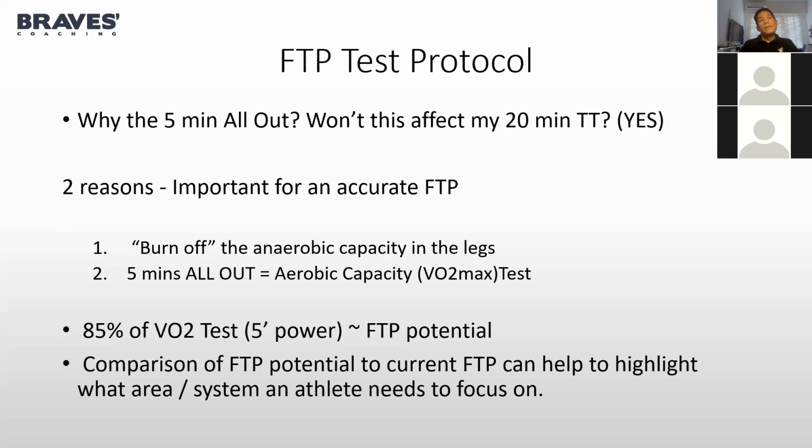I'll say it again: if your 85% of your 5-minute power is approximately equal to your FTP, then you know that aerobically you're okay. You can hold that 20-minute time trial, and in theory, your 1-hour power at a satisfactory level. Then we need to think about how we are going to get the strength up.